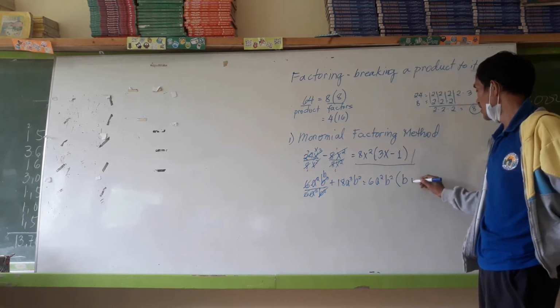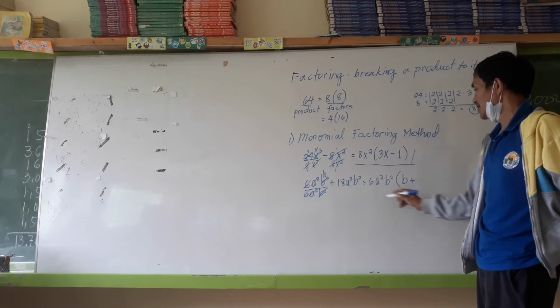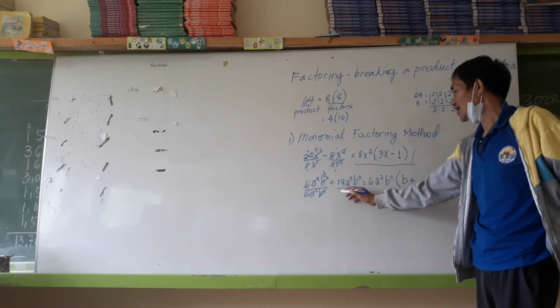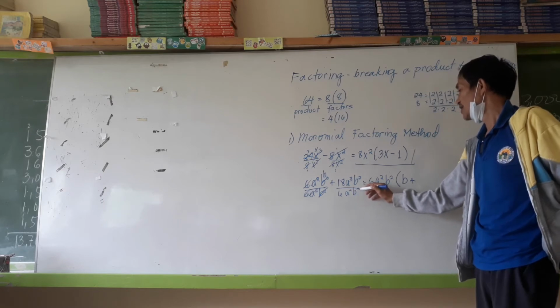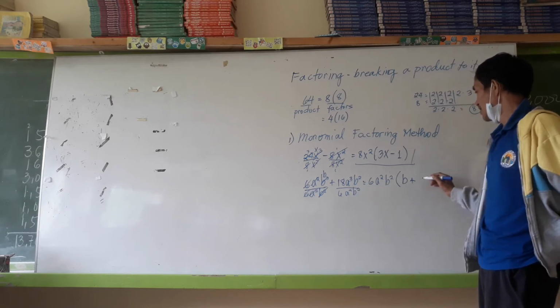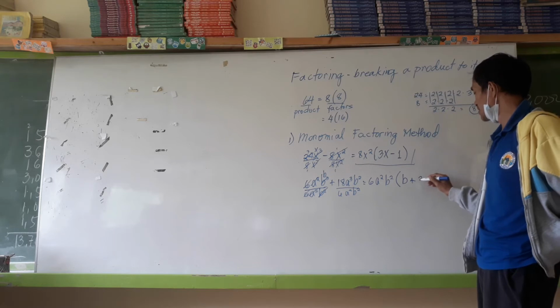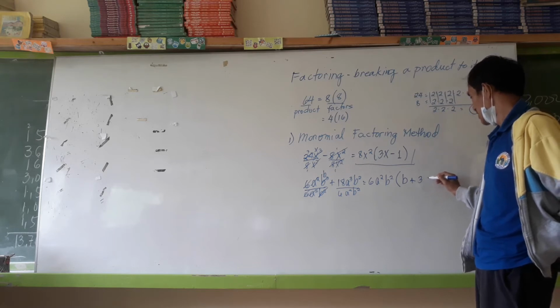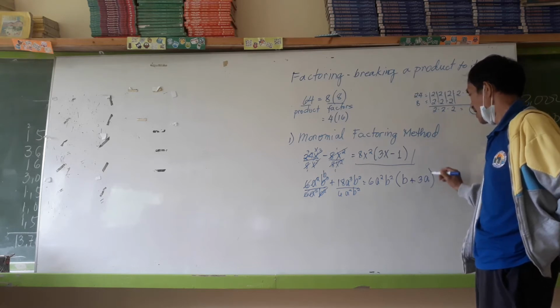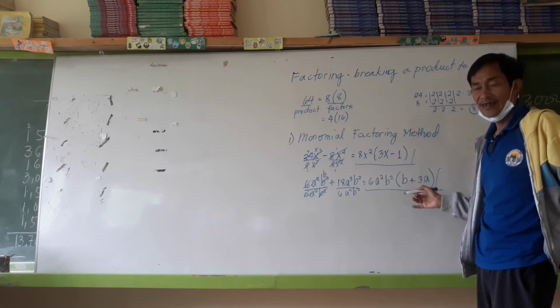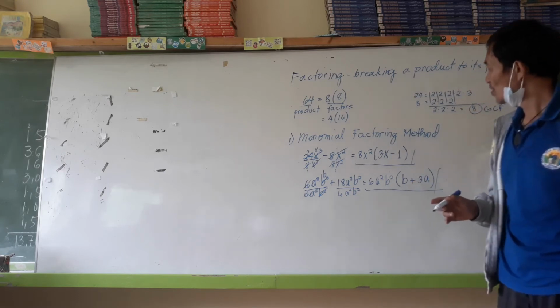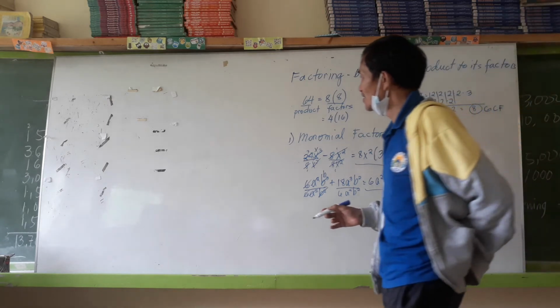So b plus, you divide this again by the greatest common factor. 6a squared b squared. That will give you 18 divided by 6, that will be 3a. There. Okay? So that is monomial factoring method.